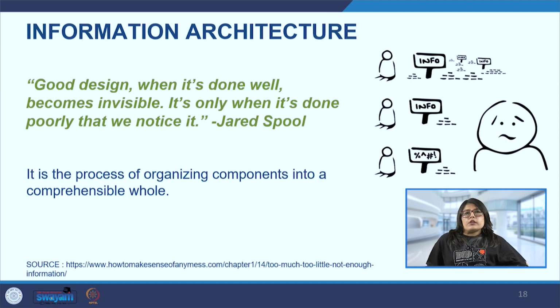Now, information architecture is a process of organizing components into a comprehensible whole. Think of the architecture of a building: when we enter a building, there is a certain layout. In an Indian home, the toilet and the kitchen will not be next to each other.